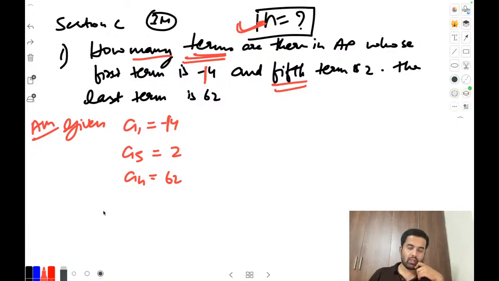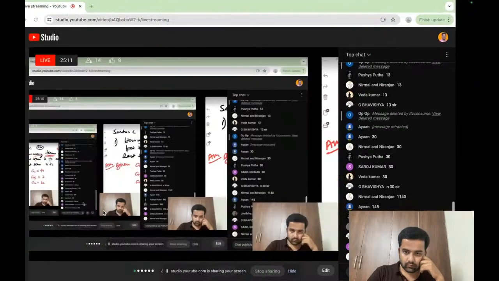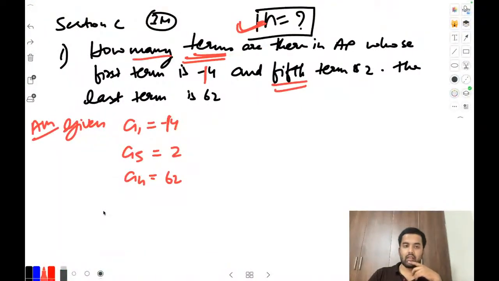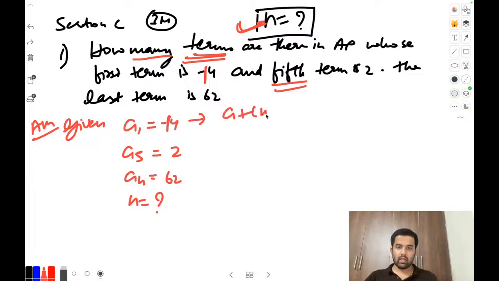Check out the answer. How will you solve this? These are the only given part. We have to figure out the n value. What is the n answer? How many terms? According to this, the equation will be, as we know, a value we have, so a1 only now, so this becomes -14.